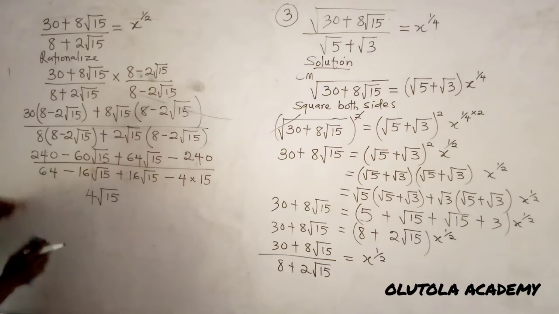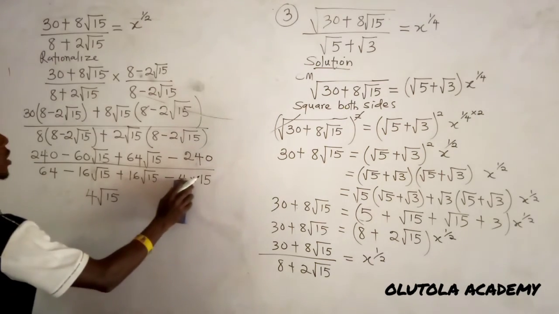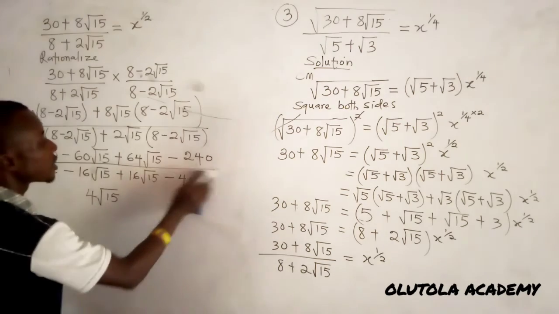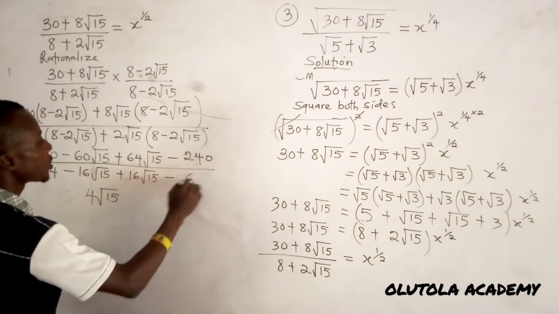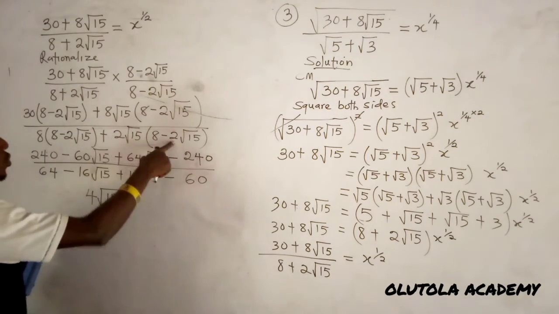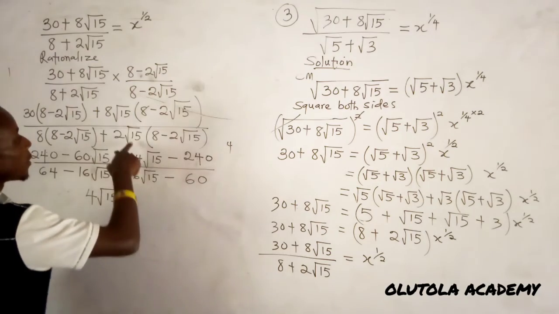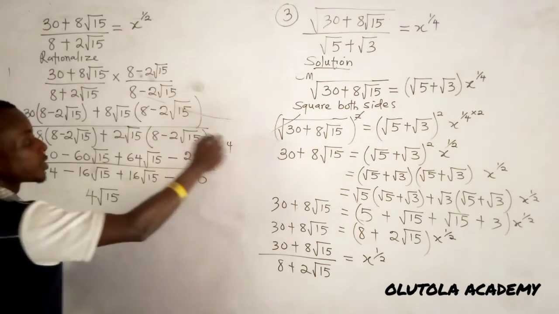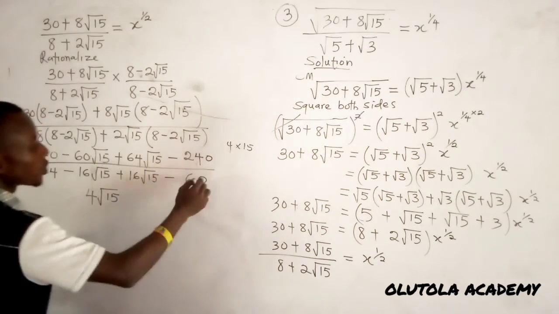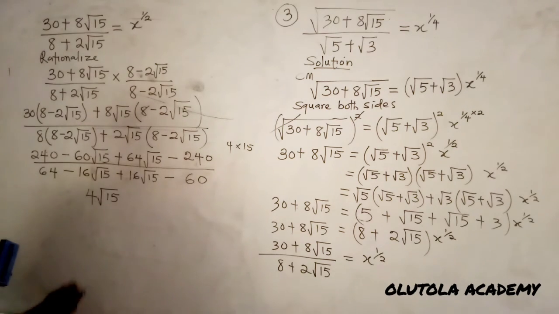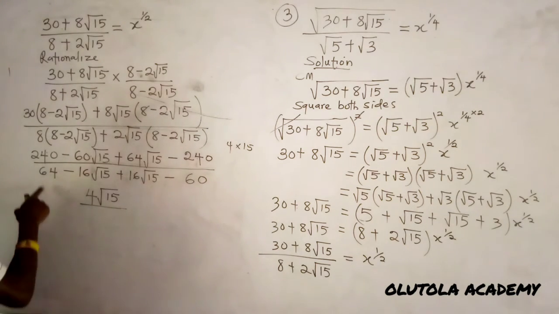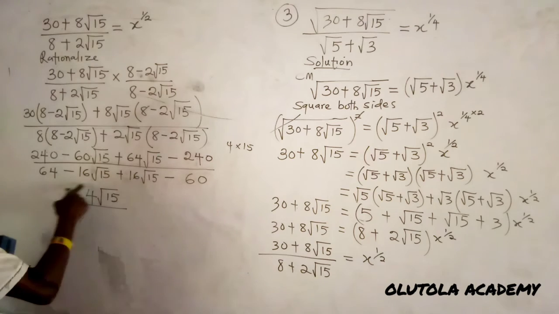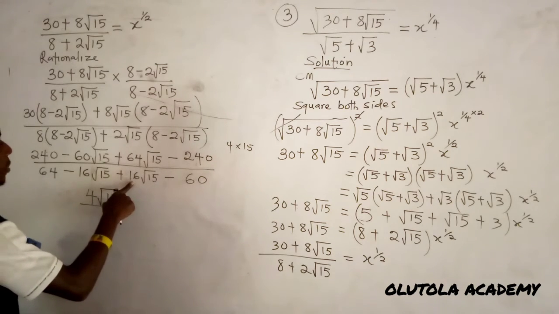Then for the denominator now, 4 times 15 is 60. So 2 times 2, 4. Then √15 times √15 is 15. So that's how I got 60 there. Then over these, minus 16 plus 16 will be out.